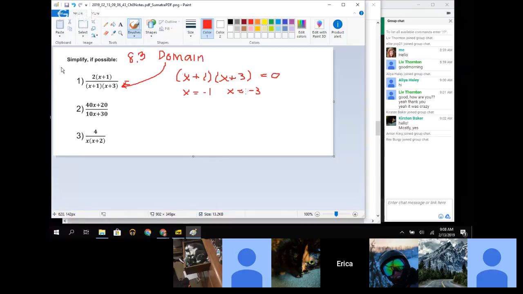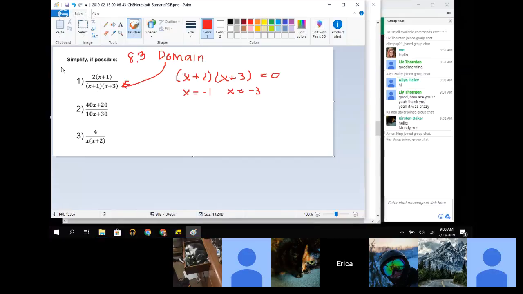So those are our two vertical asymptotes. X cannot basically equal those two numbers. And then our horizontal asymptotes had to do with the order of the equation.